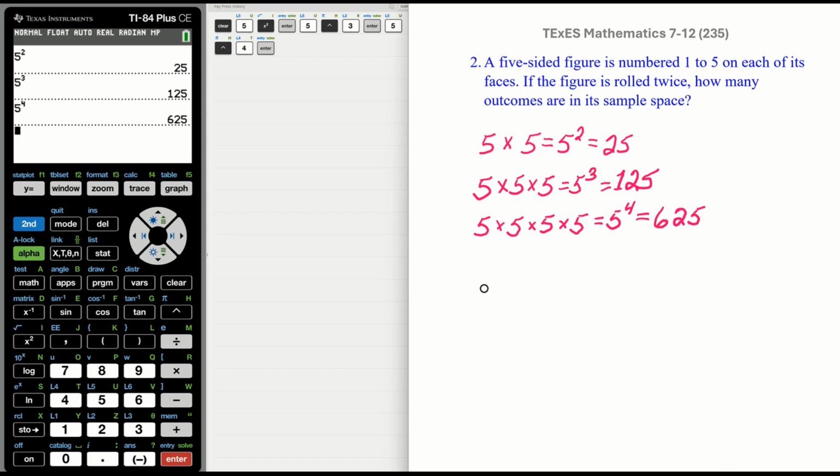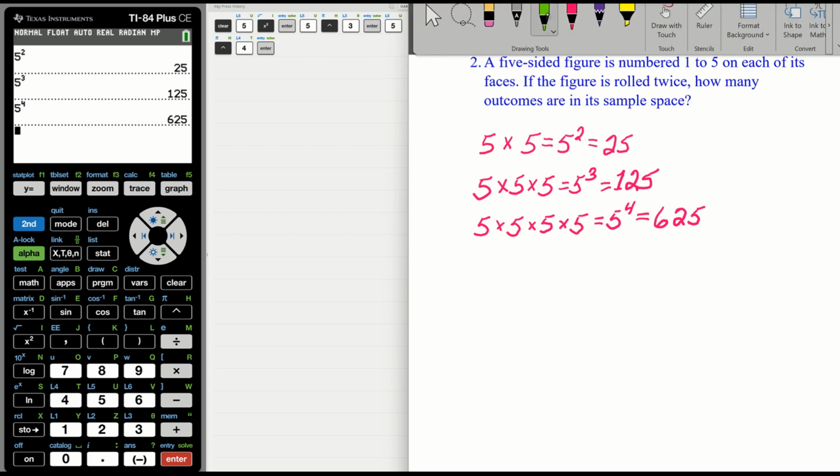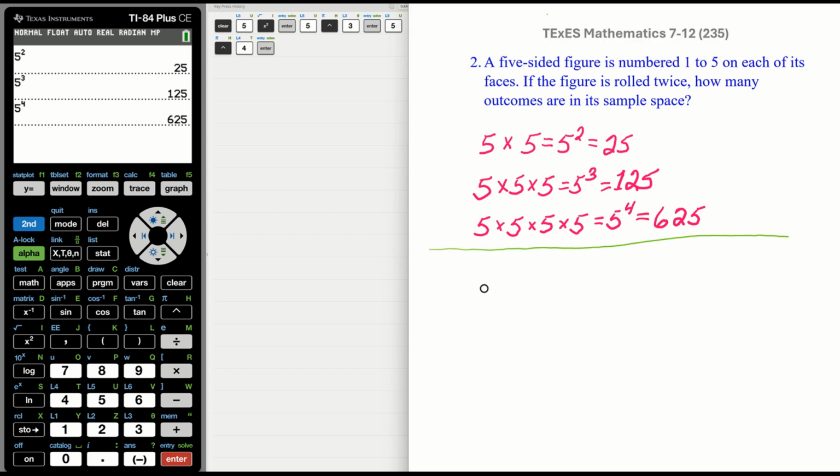Before we end this question and go on to the next question, let's think about this. What if we had two different kinds of die? Okay, let me draw a line here.